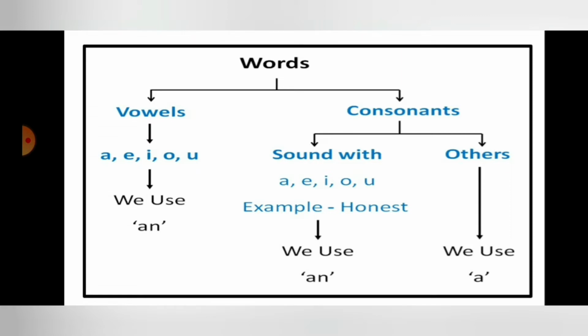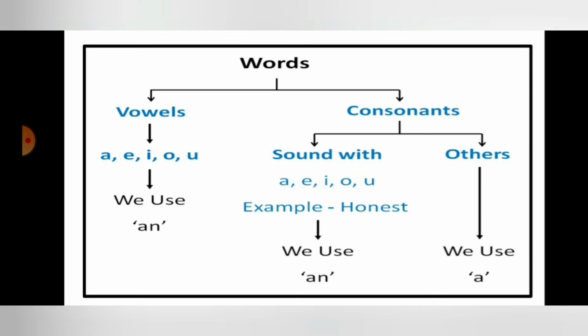These are examples of nouns starting with a vowel. For these words we use an, and for the rest of the letters, which are known as consonants, we use a.